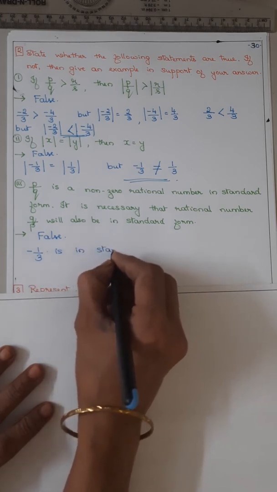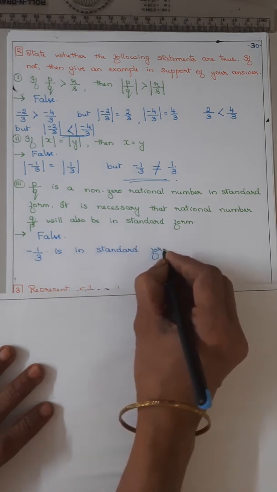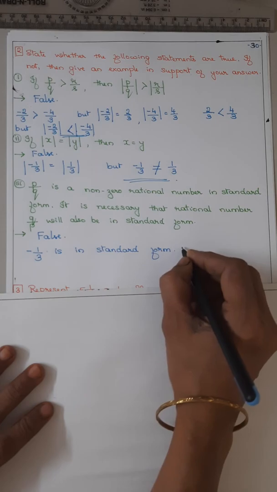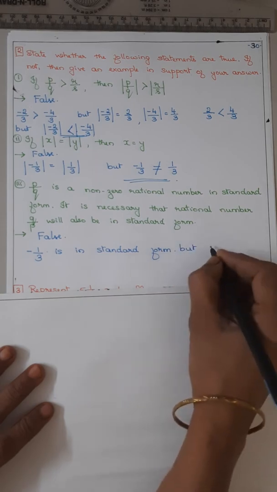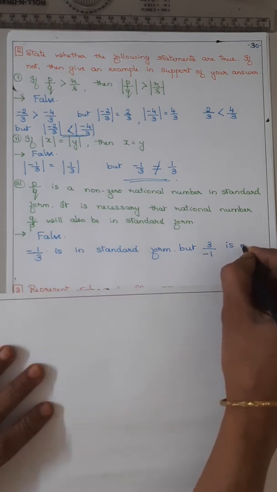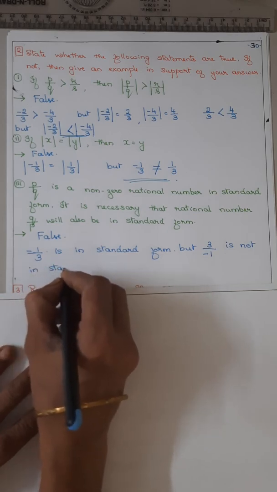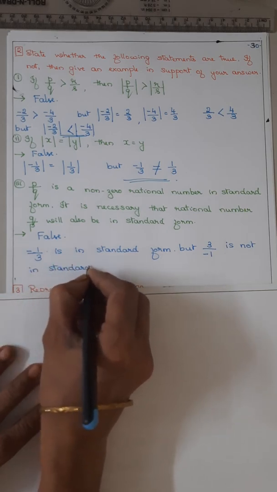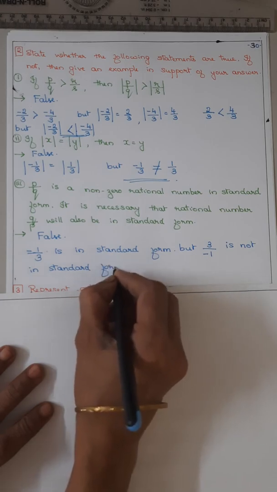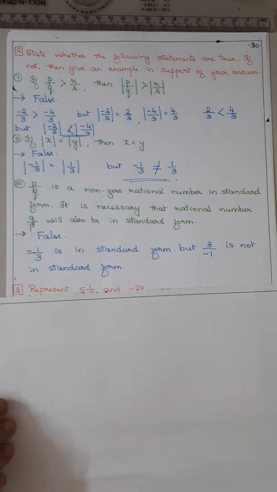What is the standard form? The denominator should be positive. But 3 by minus 1 is not in standard form. Yes or no? For negative integers, it won't be true. The statement is not true.